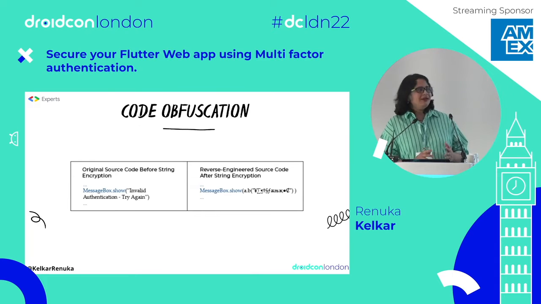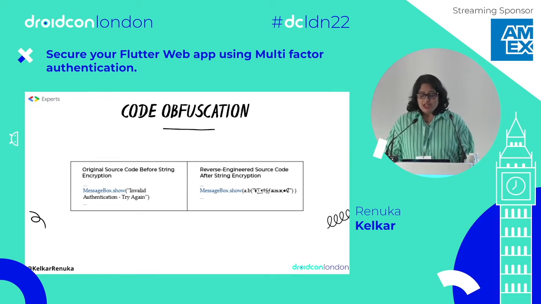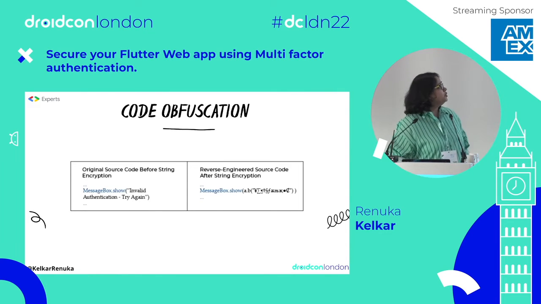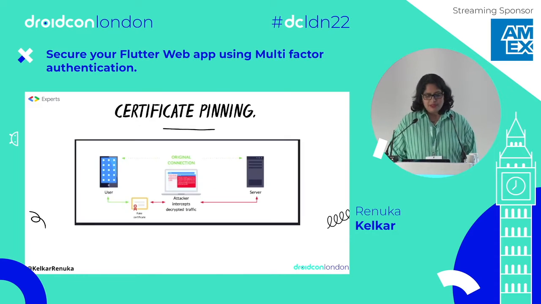Flutter Web doesn't support code obfuscation, but don't worry, there is another way to do this. When you build your Flutter Web application in release mode, it always minifies the project, and that has the same kind of functionality. It is automatically done for you, so you don't need to take care of that. So this is another option.